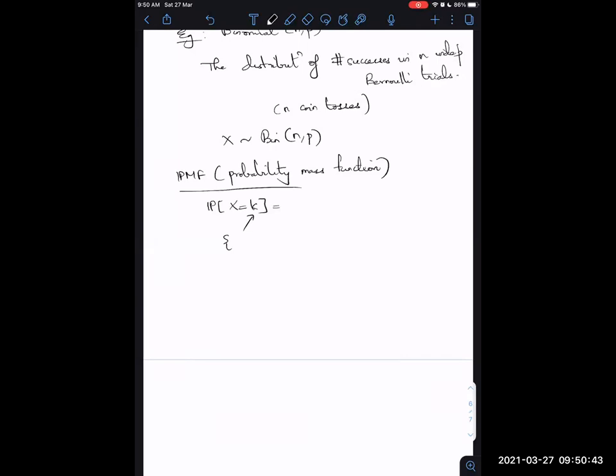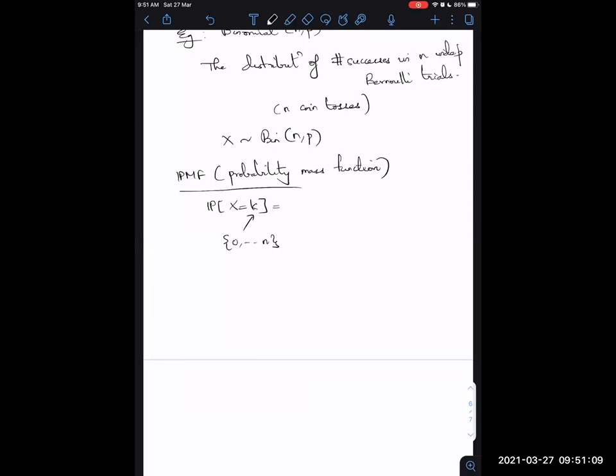So what values can X take? Exactly 0 to n. Right.